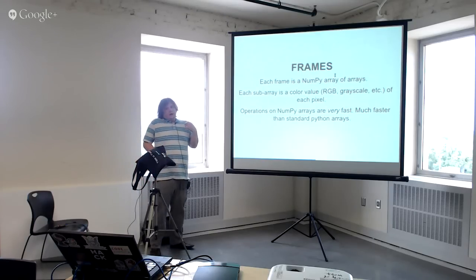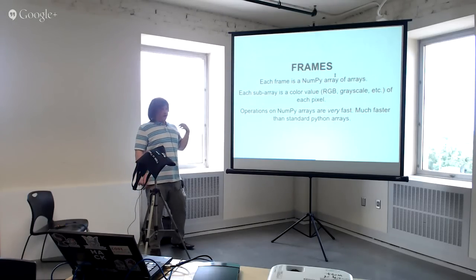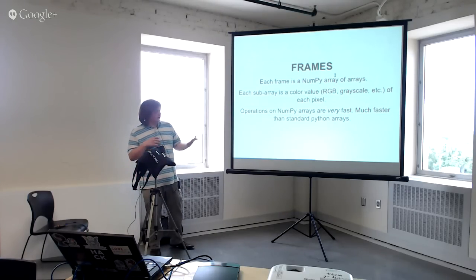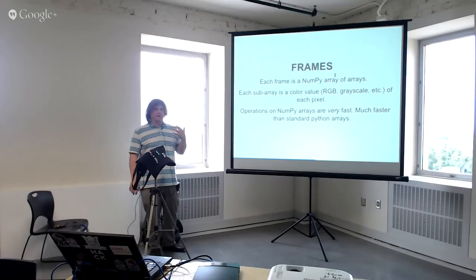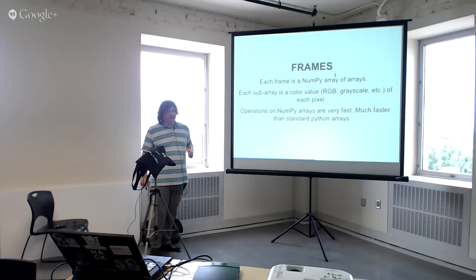And each subarray is basically an RGB value, or if you're grayscale, it's a value from 0 to 255. And what we'll be doing here, we won't be using RGB, we'll be using grayscale, because we don't need that. We just need black and white to be able to detect that motion. And just to repeat, NumPy arrays are super fast, and that's awesome.